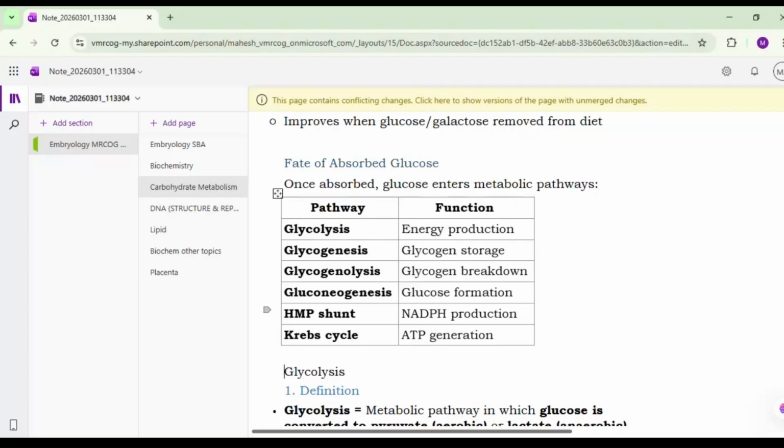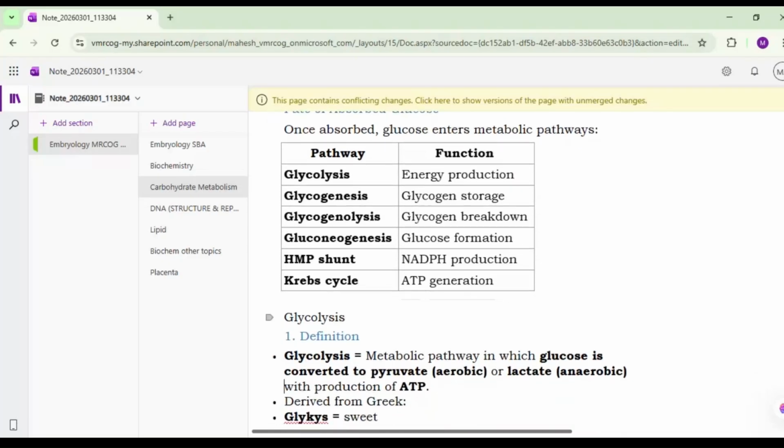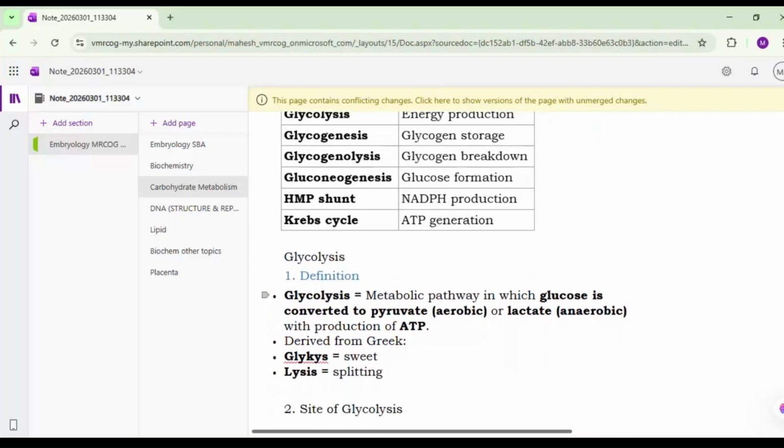Then gluconeogenesis, that is the formation of glucose, but not from a carbohydrate substrate; it is from a non-carbohydrate substrate that the glucose is formed. Then there is the HMP shunt, which is responsible for NADPH production, and the Krebs cycle is an important source for ATP.